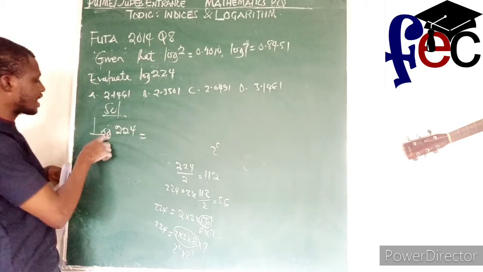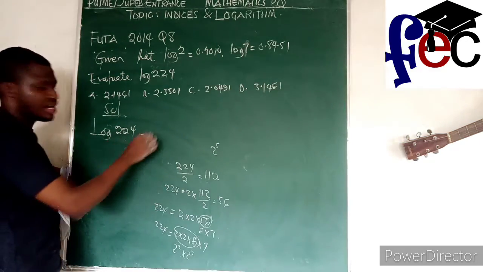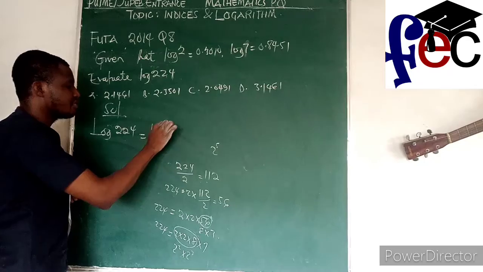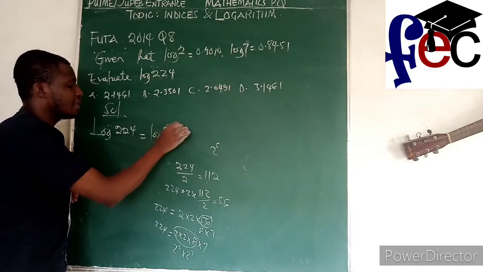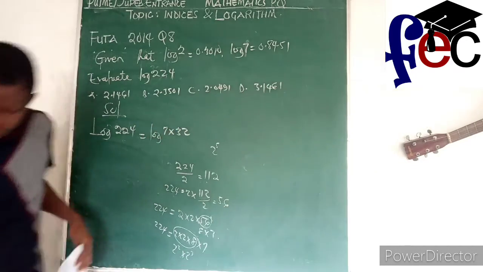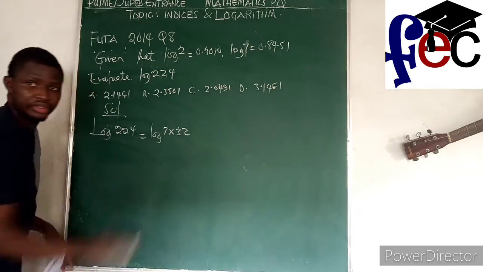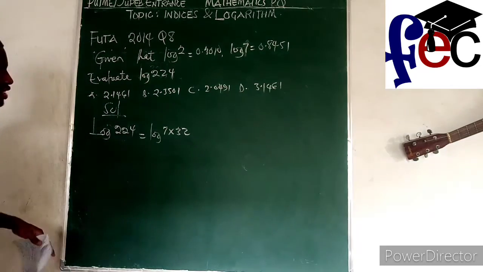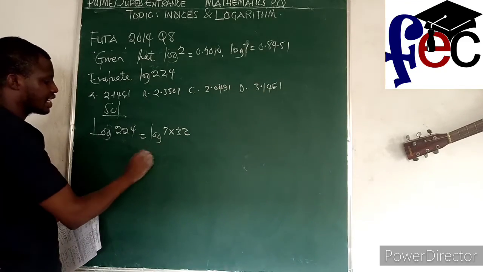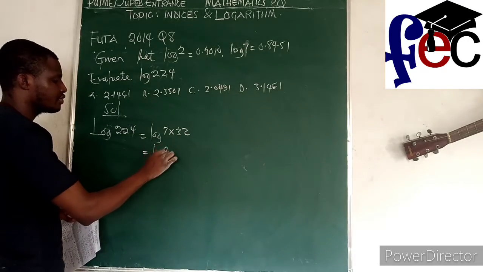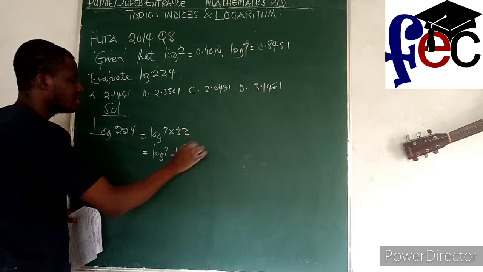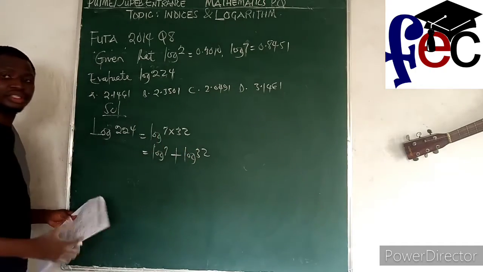That implies that I can rewrite log 224 as log of 7 multiplied by 32. Do you see that now? So rewriting this, I can now write log 7 plus log 32 from the law of logarithm.